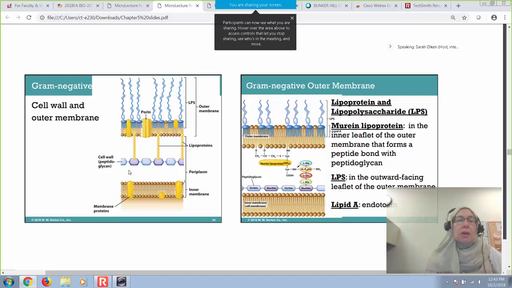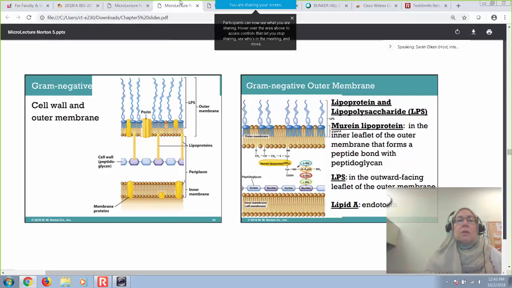Then they get into the periplasmic space where you have a little bit of peptidoglycan, which is fully permeable. It's not restrictive in any way. And then it hits the cell membrane where again it has a semi-permeable barrier that it would have to get across.